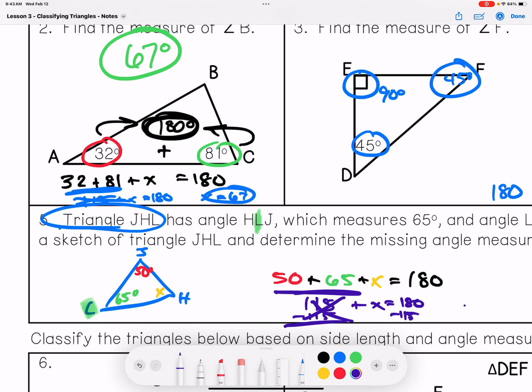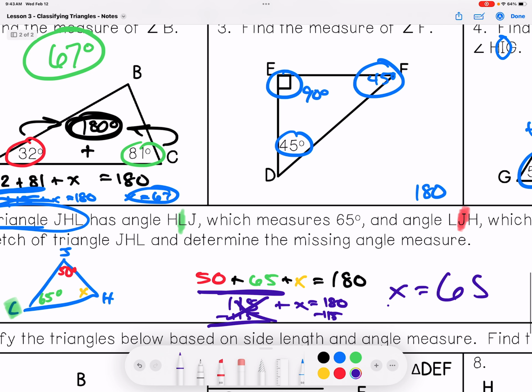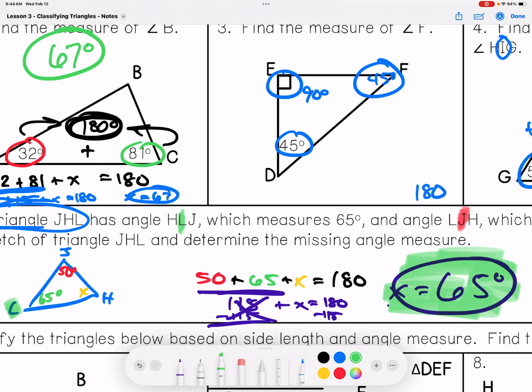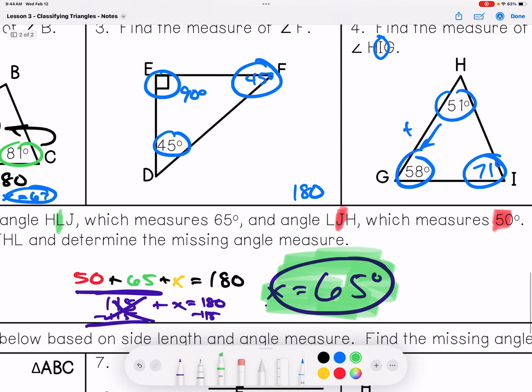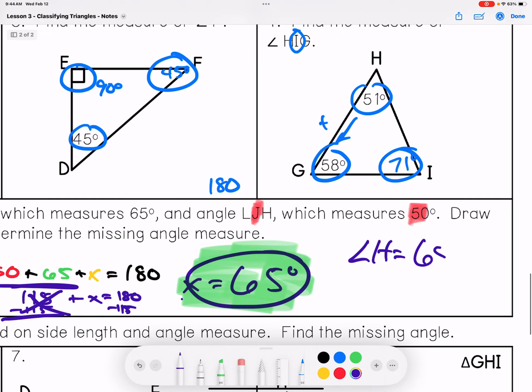Those go away, and I'm left with x equals 65 degrees. So the missing angle, which would be H, is 65 degrees.